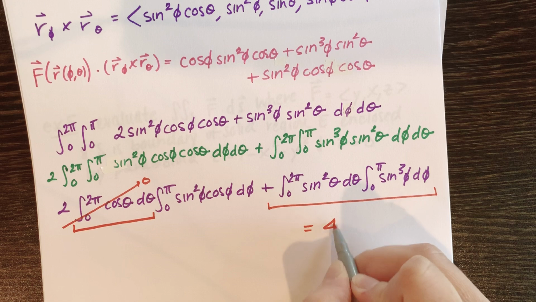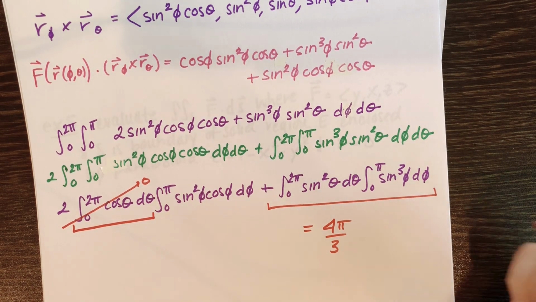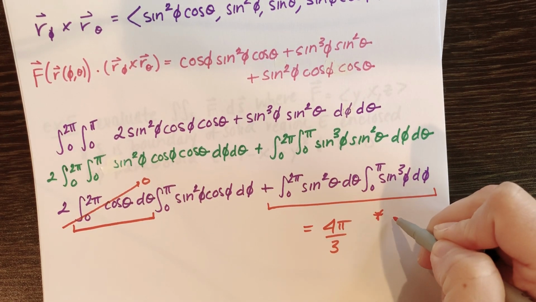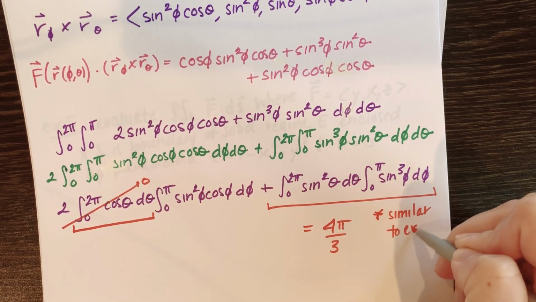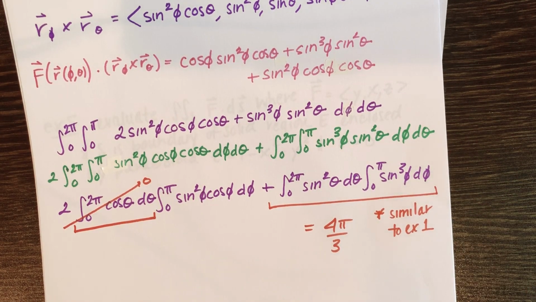When you do that, you should get 4 pi over 3. It's very similar, not exactly the same as example 1. Again, I'm going to skip those motions to save time on the video. But for your work for today, since all you have to do is watch the video, you can pause it and make sure you can evaluate that integral.